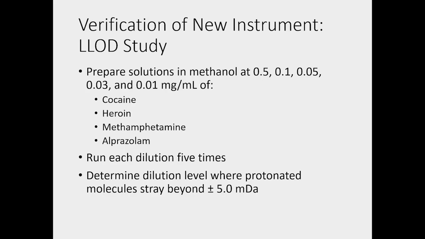We'll run each dilution 5 times and then determine the dilution level where the protonated molecule, again, strayed beyond that plus or minus 5 millidaltons. And for us, we had our instrument installed in 2015. And again, as I mentioned, it is the newer 4th generation instrument. And so I believe our heroin lower limit of detection was down to 0.03 milligrams per milliliter. And all of the other compounds were down to the 0.01 milligrams per milliliter.